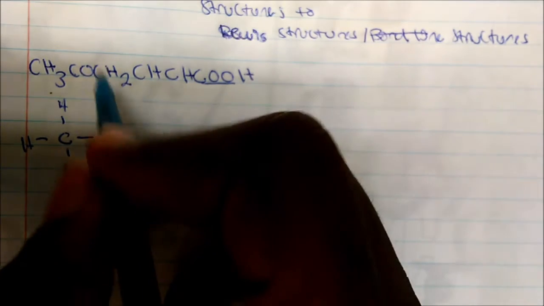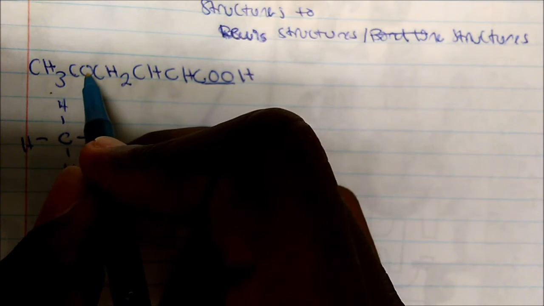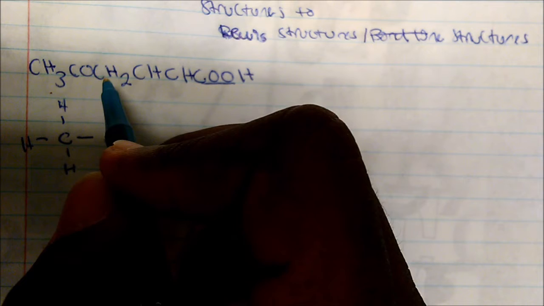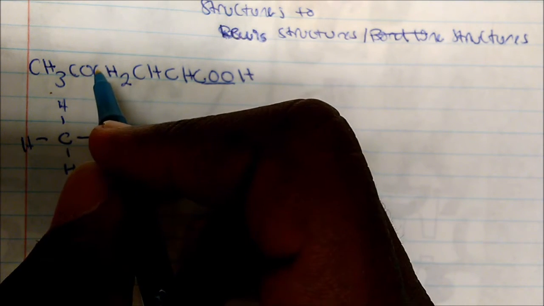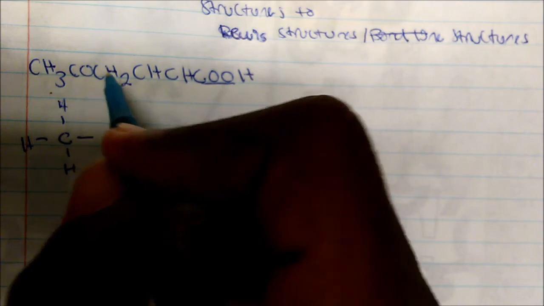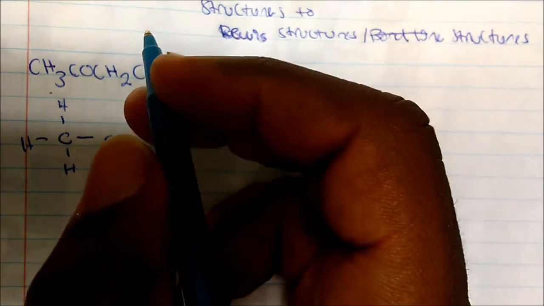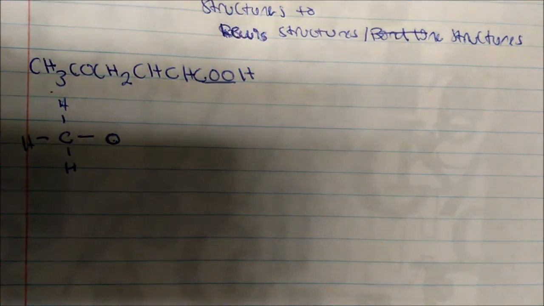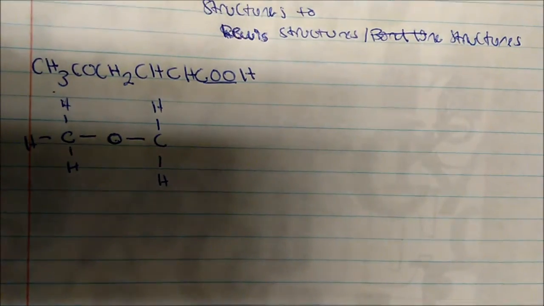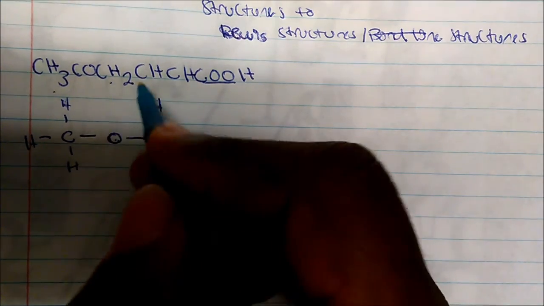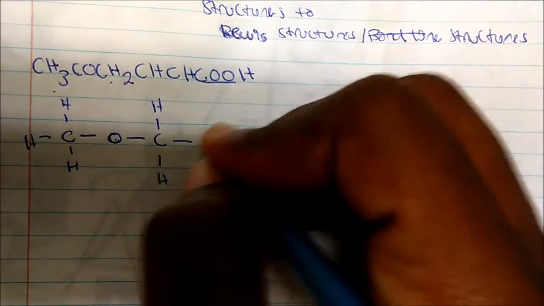Then I have an oxygen sandwiched in between, and a CH2. We know that's an ether. Then this oxygen is bonded to a carbon that has 2 hydrogens.